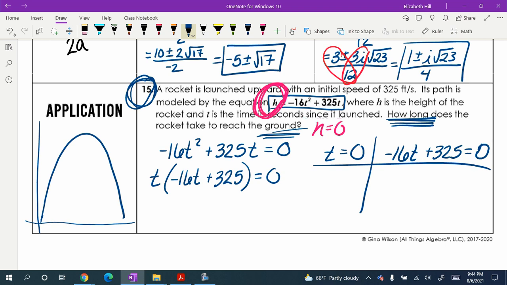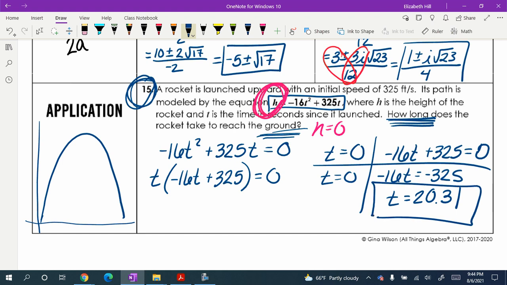Well, you got the 1, t equals 0. And then we're going to subtract the 325, and divide negative 325 by negative 16. And we are left with t is equal to 20.31. So the rocket is in the air for 20.31 seconds.